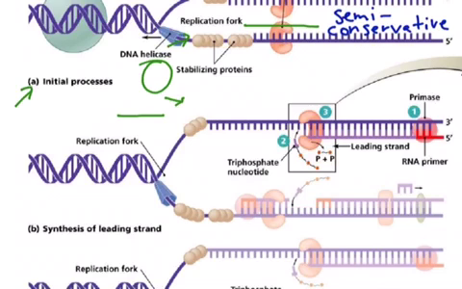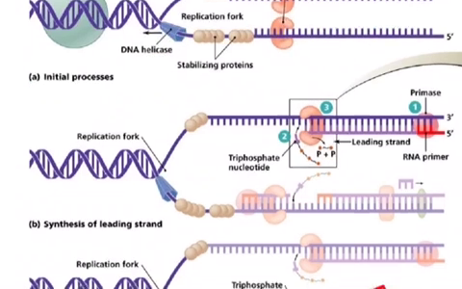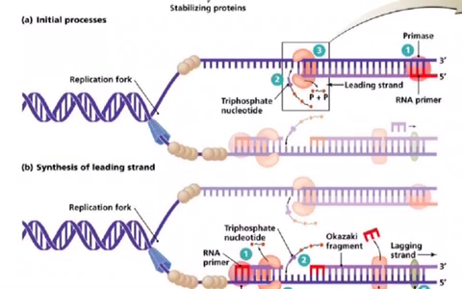I'm going to clear the screen for a moment, clear the ink, and then we'll move down and have a look at what goes on. Once the helicase has unwound the DNA into two strands, it's important to understand how the nucleotides are added together to make two new strands of the DNA.